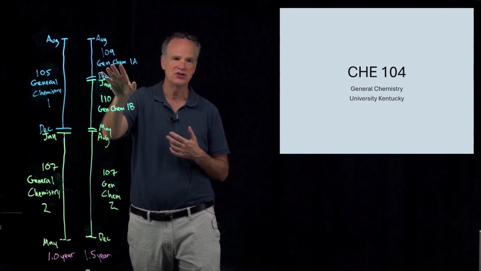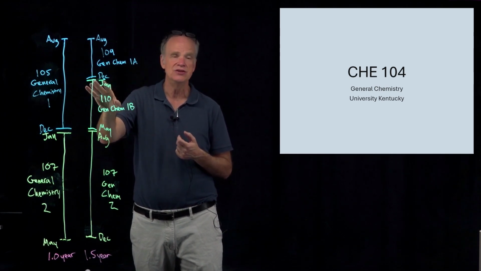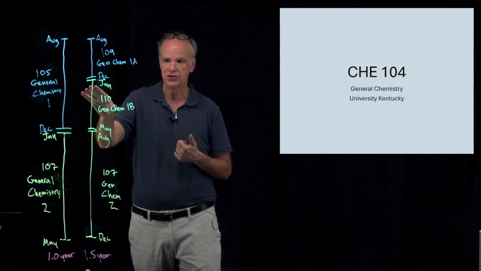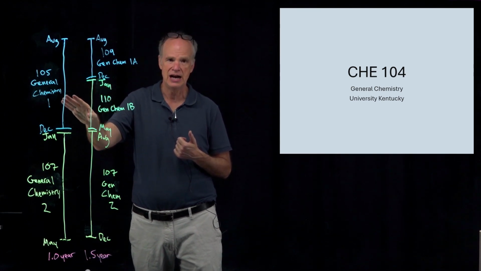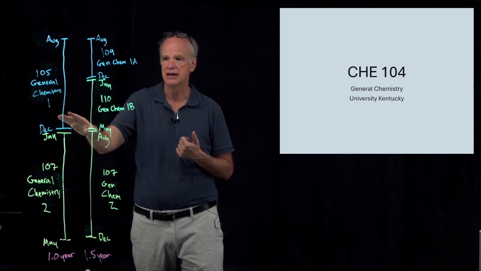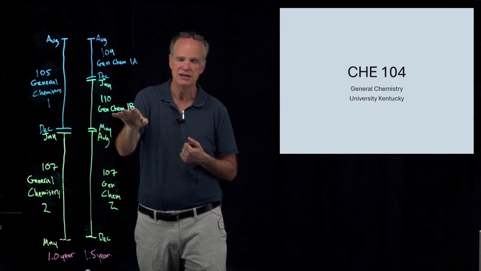So it's not called General Chemistry 1, it's General Chemistry 1A. Then you continue the next semester with Chemistry 110, where you cover the other half of Chemistry 105. This is General Chemistry 1B.